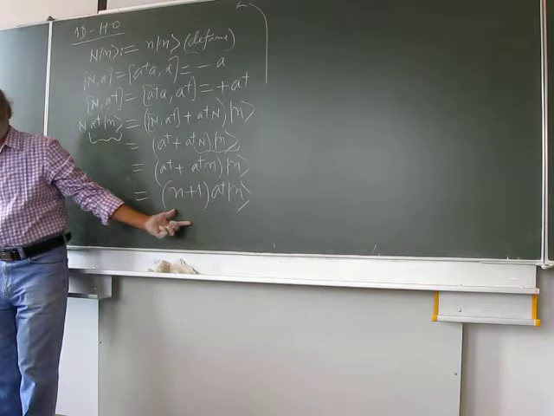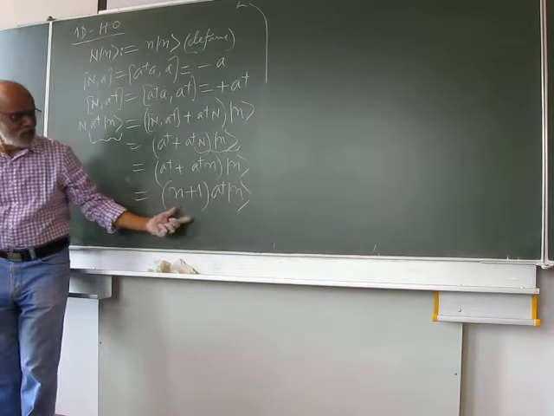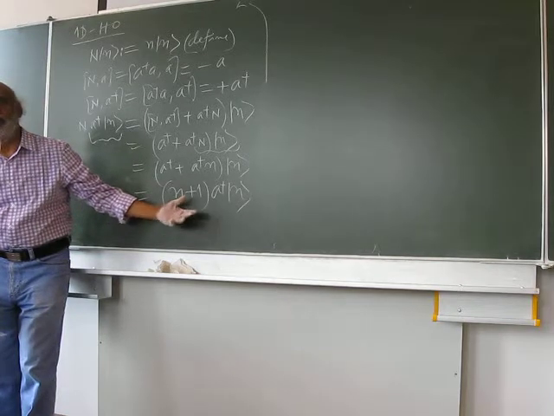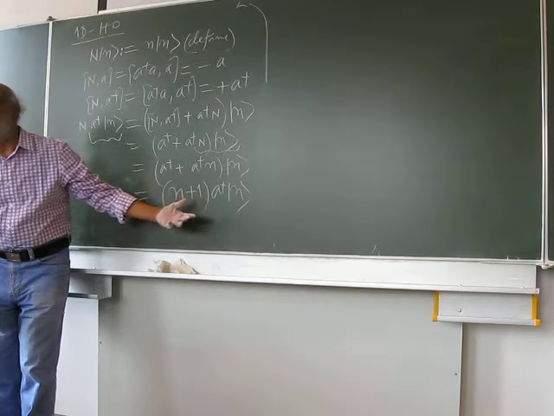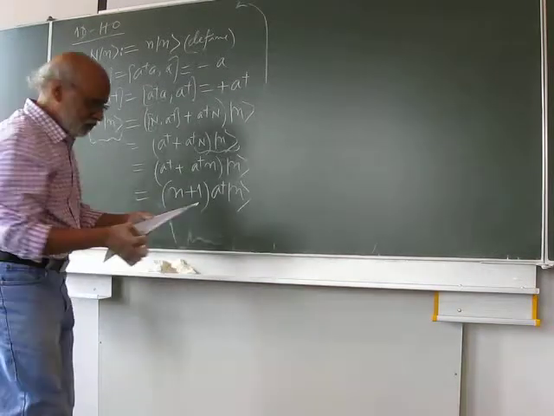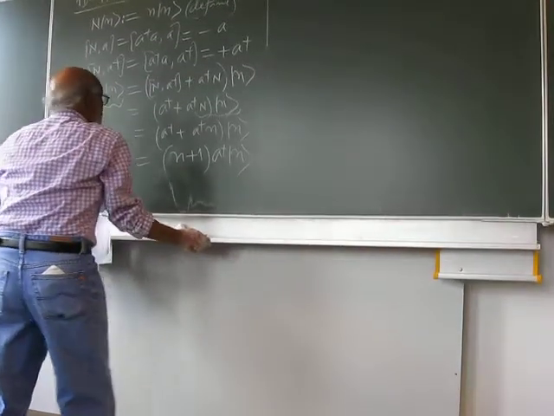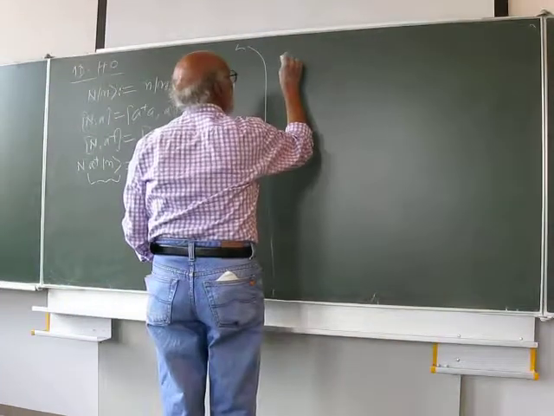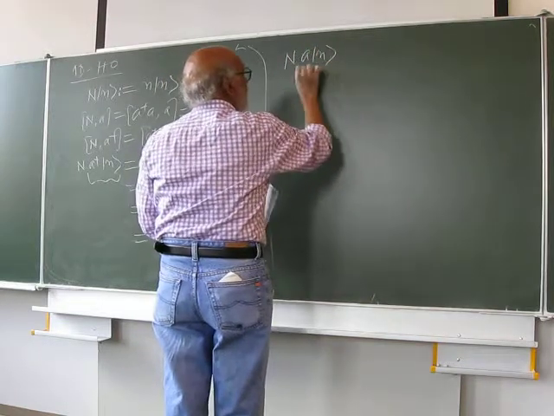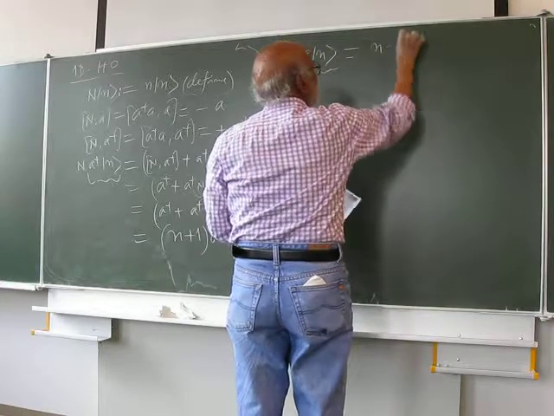Increase of the eigenvalue by 1 actually means an increase in the quantum unit of energy, h cross omega, in the system. Similarly, on the same logic, you can prove that A n is n minus 1.